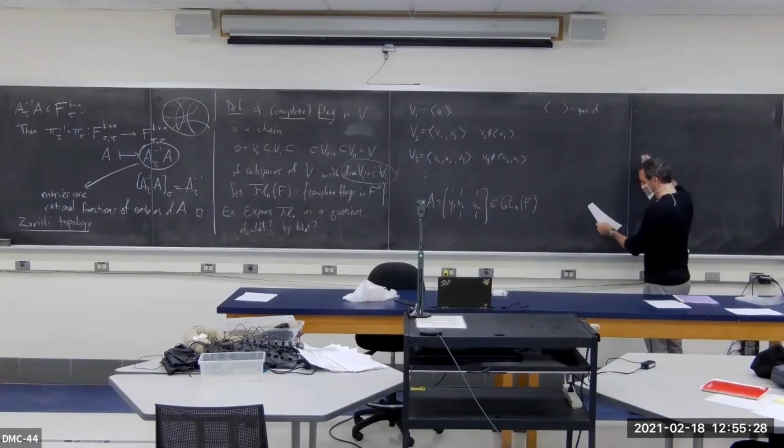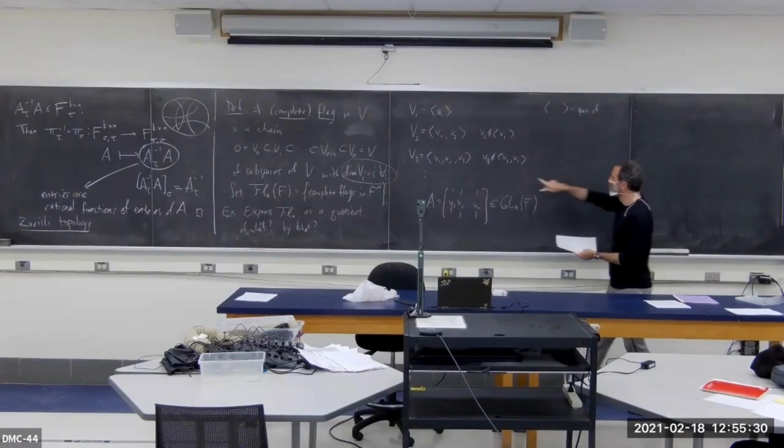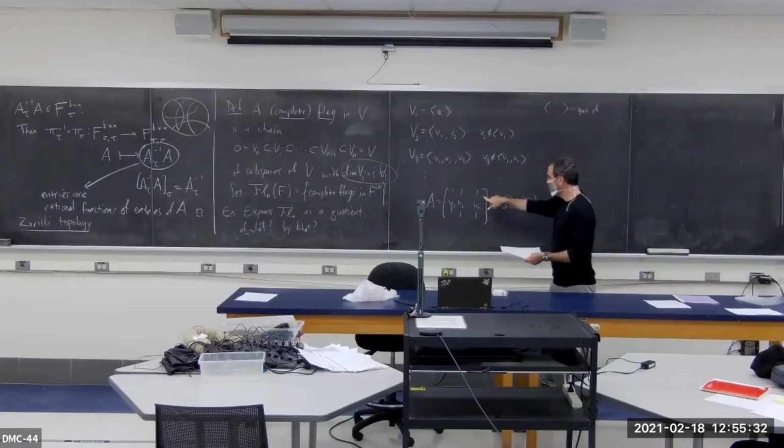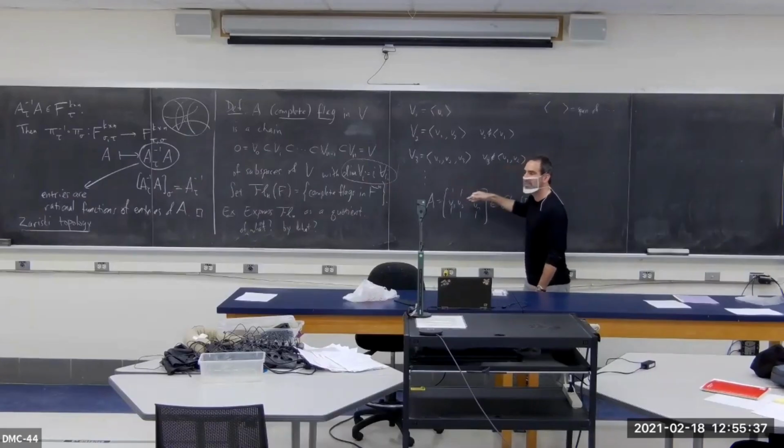Because Vn can be any linear combination of V1 through Vn. Yeah, so Vn can be any linear combination of these as long as the coefficient on Vn is non-zero.